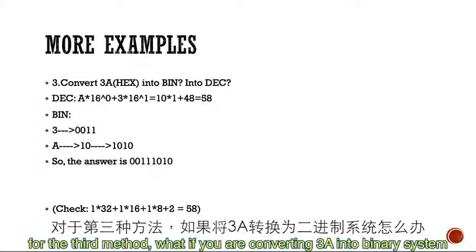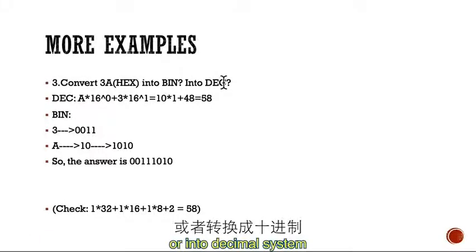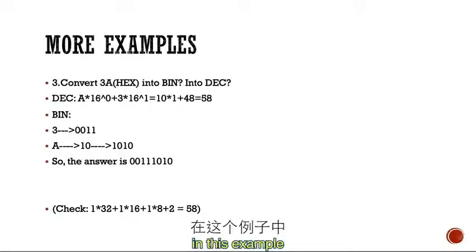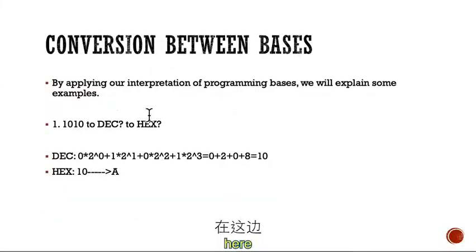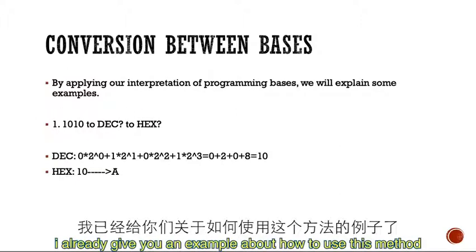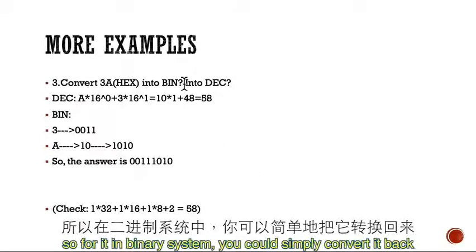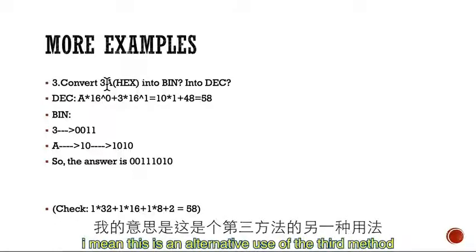For the third method, what if we are converting 3A into the binary system or into the decimal system? Just as I've mentioned, I already gave you an example of how to use the third method, but in this example, you could try to do it again. For the binary system, you could simply convert it back. This is an alternative use of the third method.